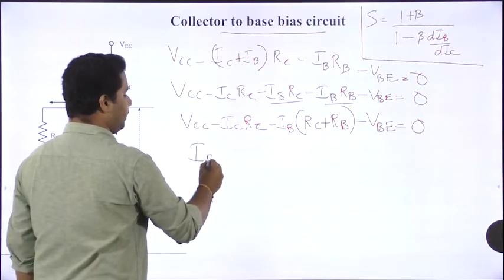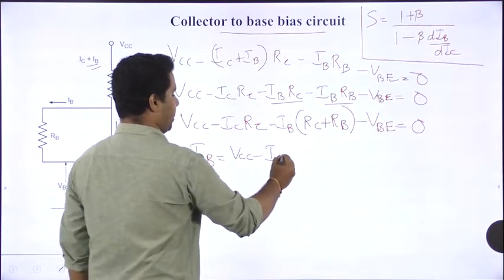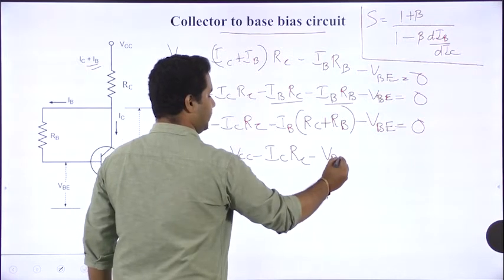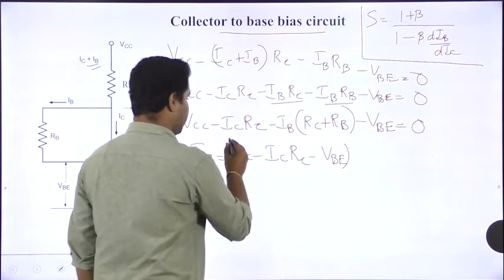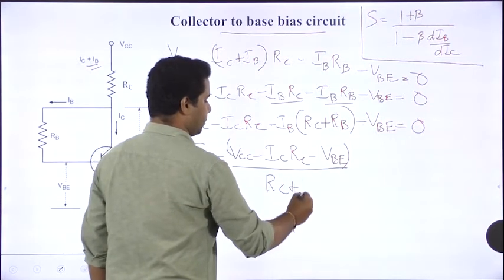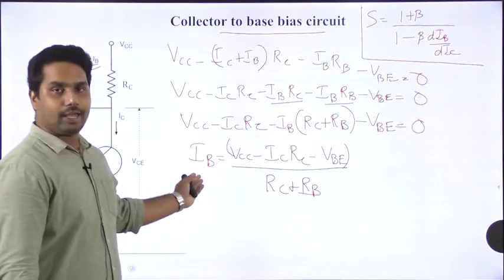So IB will be equal to VCC minus IC RC minus VBE, divided by RC plus RB. Okay, we got IB now.